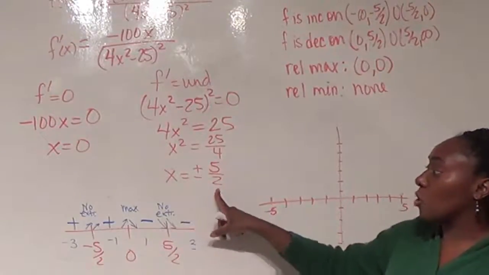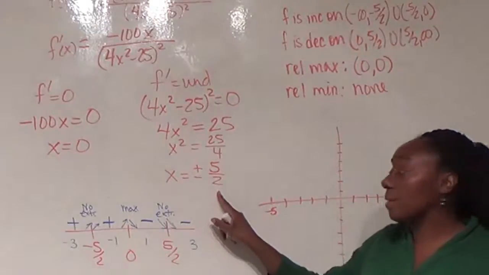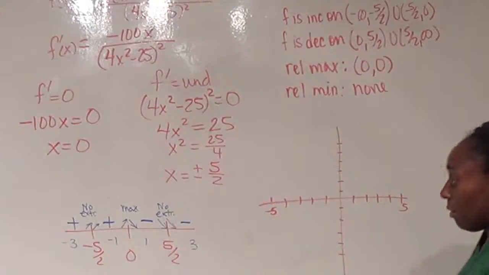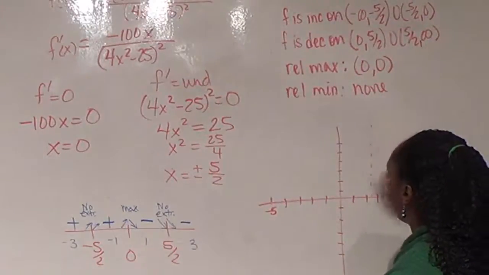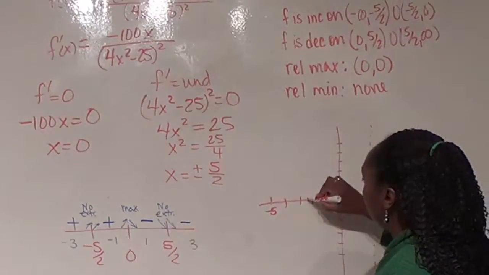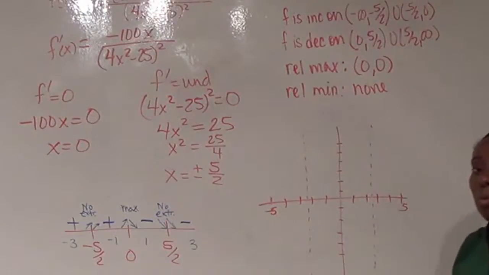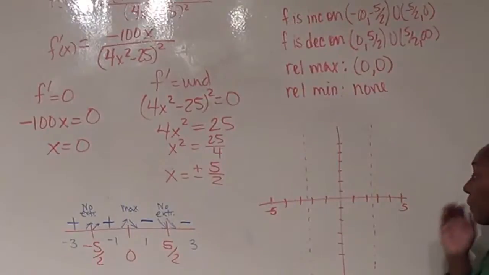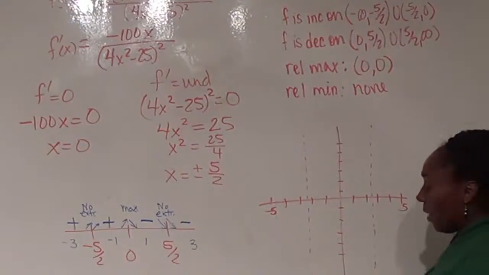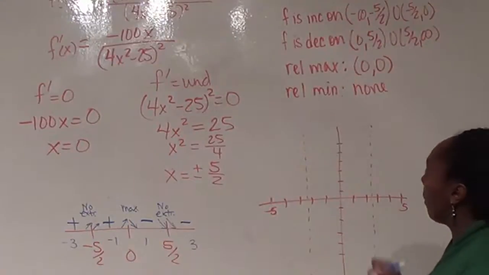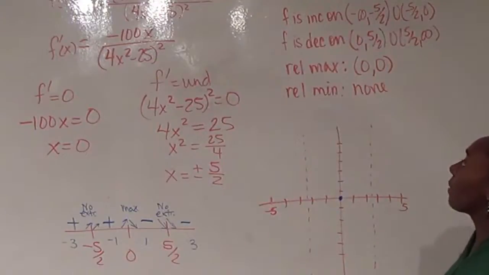And it just so happens those values are where the derivative is undefined. In terms of the graph, those show up as vertical asymptotes. Any place the function is undefined is either going to be an asymptote or just something not in the domain. So here, we'll go ahead and plot those, and let's plot our extreme value, which is at 0, 0.